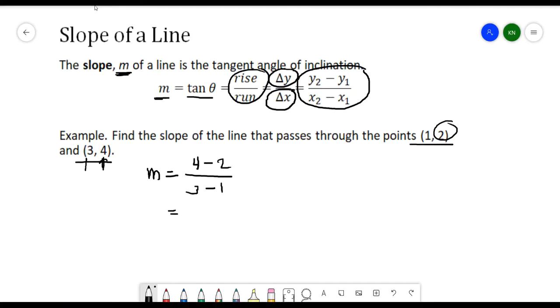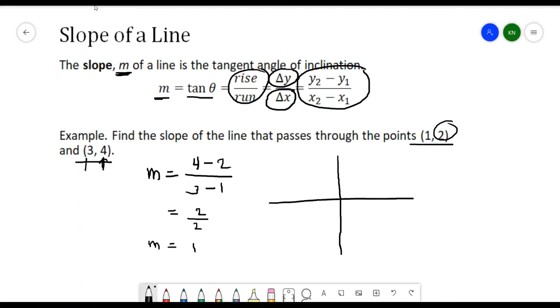If you solve this, we have 2 over 2, and that is equivalent to 1. So meaning to say, the slope of the line is equivalent to 1. So let's try to graph this one in our Cartesian plane.